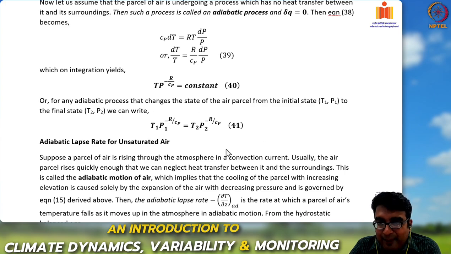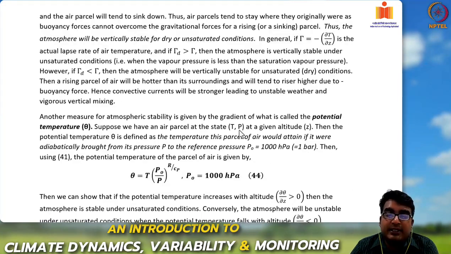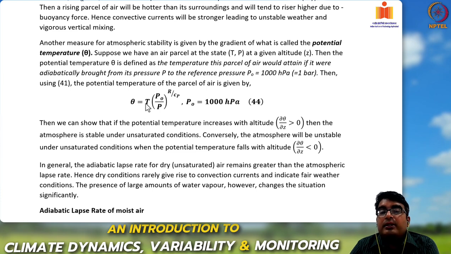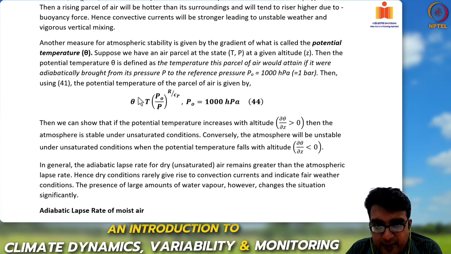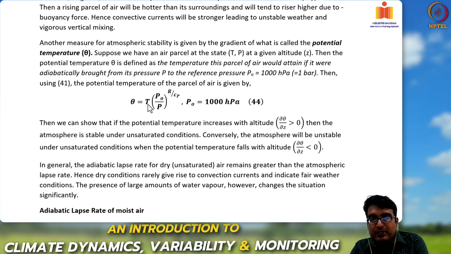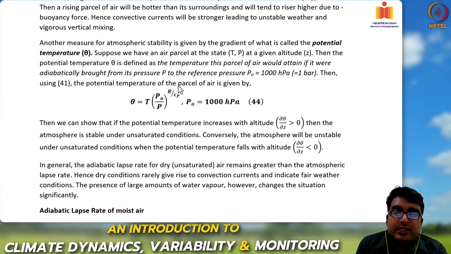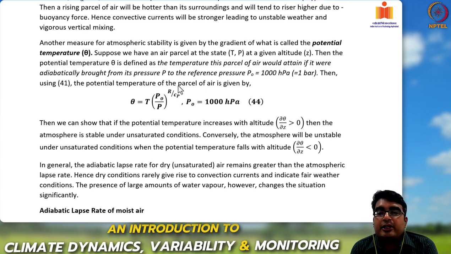So we can directly apply this expression to evaluate the value of theta, which becomes equal to T times (P0 by P) to the power R by Cp, where theta is the final potential temperature of this parcel of air, T is the initial temperature of this parcel, P0 is the standard reference pressure of 1 bar, P is the initial pressure of this air, and R by Cp is basically the gas constant by Cp of air. Okay. So this expression gives you the potential temperature of any air parcel whose initial temperature and pressure we know.